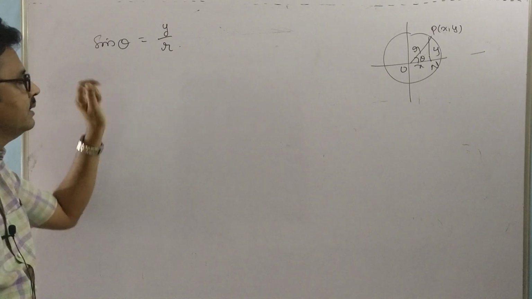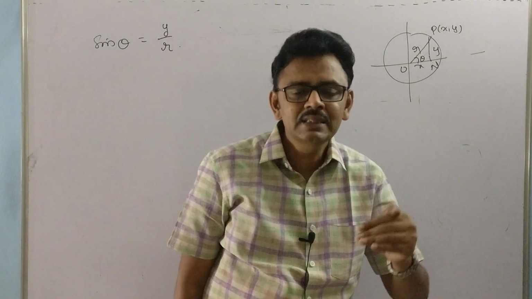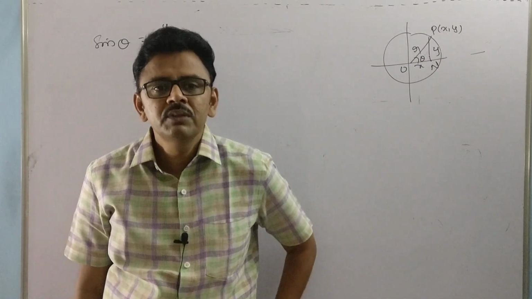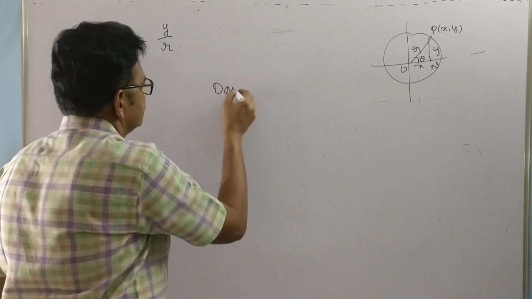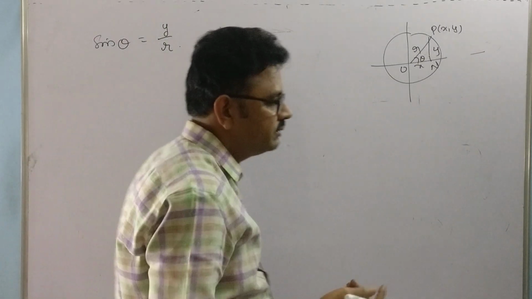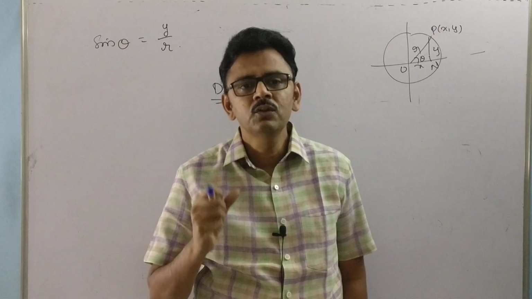So the domain of sin theta, domain means for what values of x the given function is defined. The set of those values is called the domain of the function.